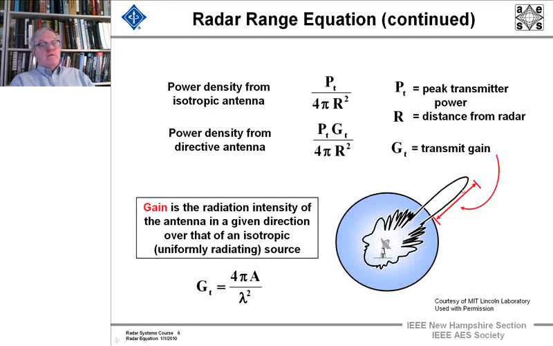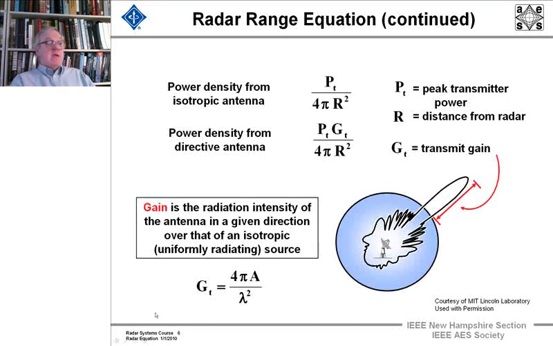And out in the far field of the antenna and the transmitter is where you'd be detecting it, and we can see a big bump over isotropic. And the gain is the relative radiation intensity of the antenna in a given direction, in this case out to sort of the northeast, over what an isotropic uniform radiating source would be.